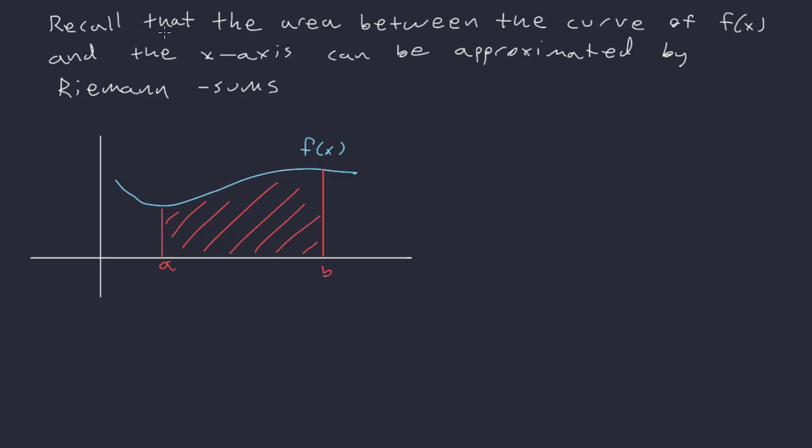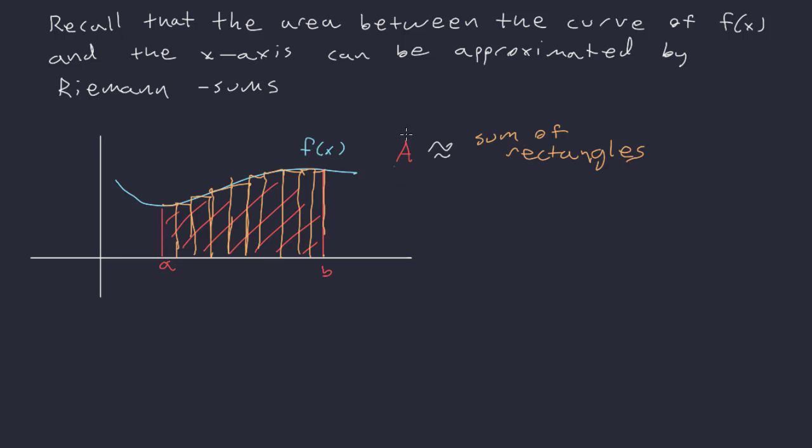If we recall that the area between the curve of f of x and the x-axis can be approximated by Riemann sums, in other words, using rectangles to get an approximation of what the area actually is. Right? Because the area is approximately the sum of all these rectangles' area.